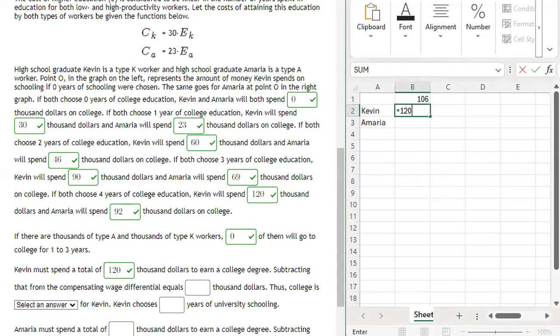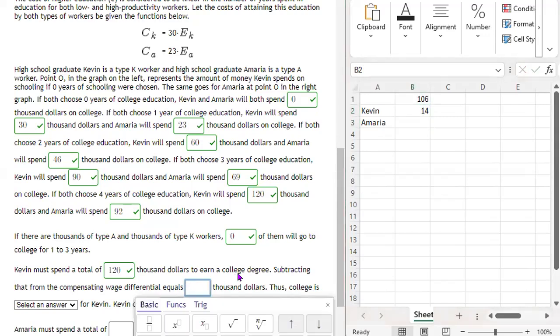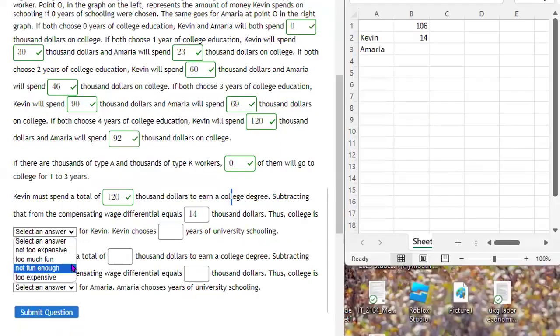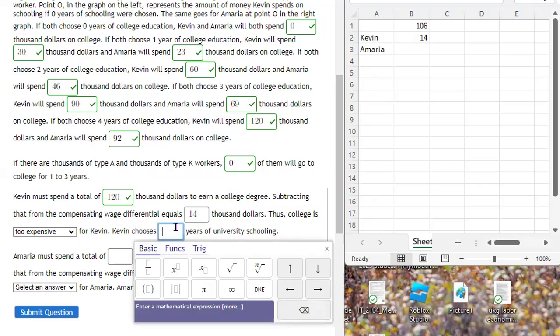We're going to subtract the $120,000 that Kevin spends on a college degree from the $106,000 compensating wage differential, right? And that's 14, right? 14. Thus, college is too expensive for Kevin. And Kevin chooses 0 years of education.